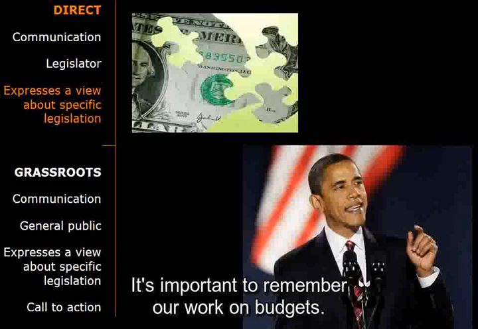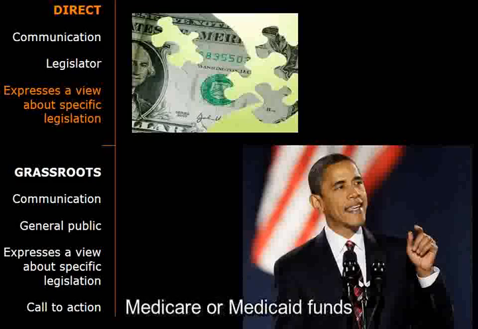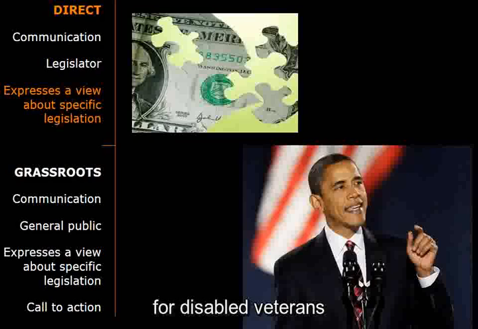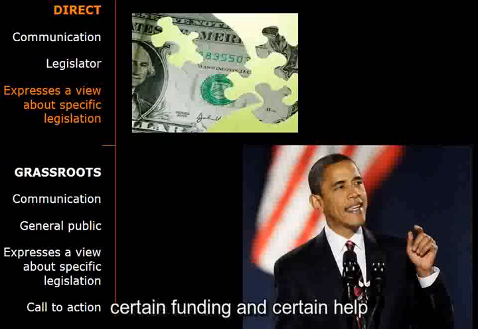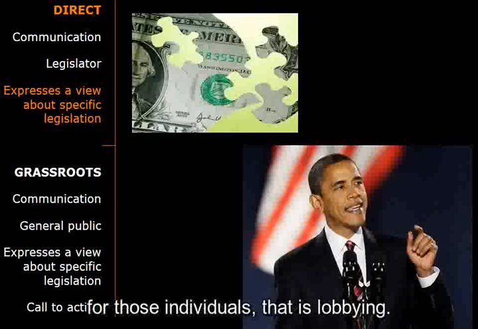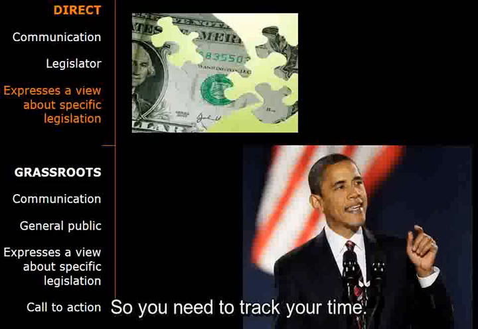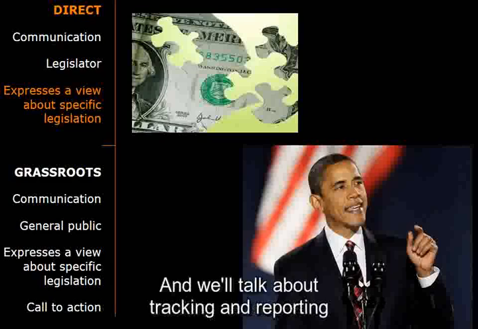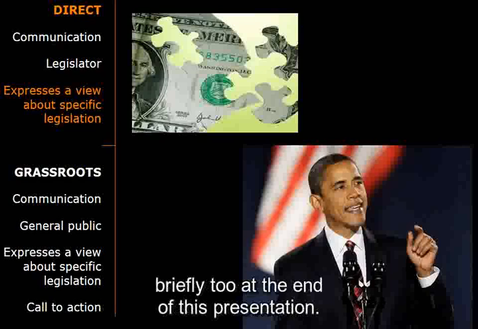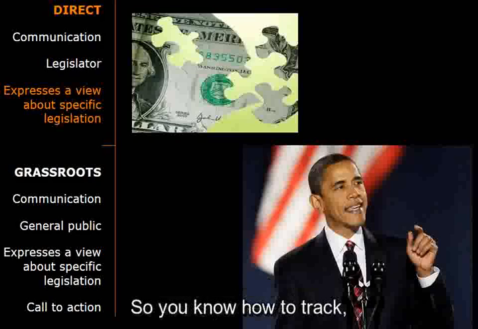So it's important to remember our work on budgets, whether we're trying to get something in the budget, Medicare or Medicaid, funds for disabled veterans or disabled Pennsylvanians, certain funding and certain help for those individuals, that is lobbying. That is considered lobbying. So you need to track your time and your expenditures on those issues. We'll talk about tracking and reporting briefly at the end of this presentation, so you know how to track and how to report your expenditures to the IRS.